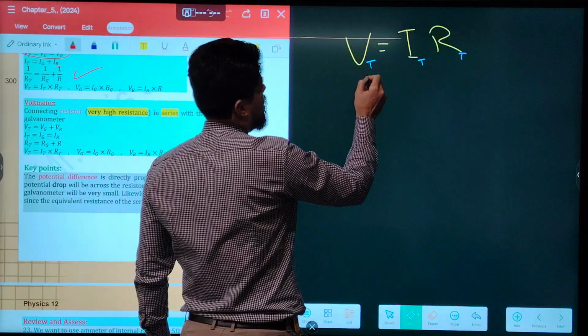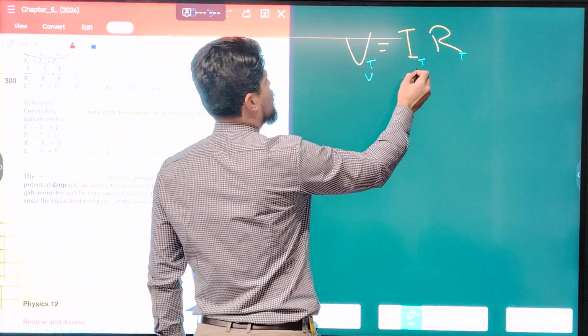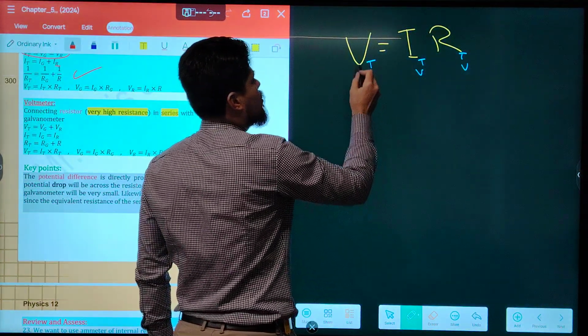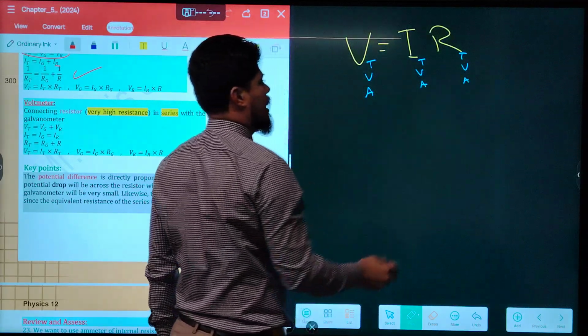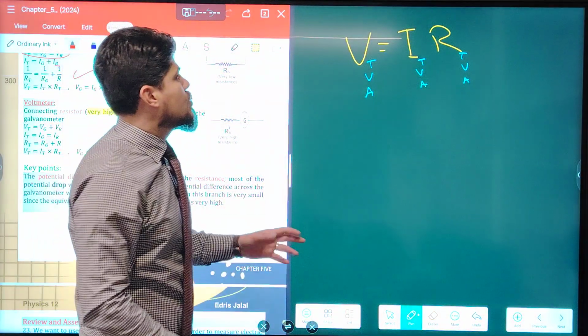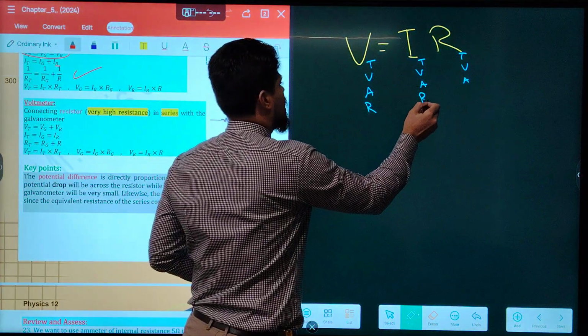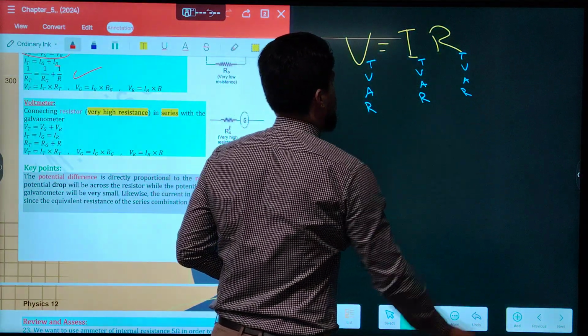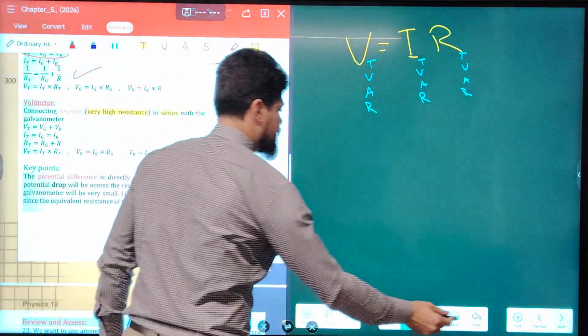To find the potential difference across the voltmeter, VV is equal to IV RV. Across an ammeter, it is IA RA. The potential difference across a resistor is the current across the resistor times its resistance. This is Ohm's law.